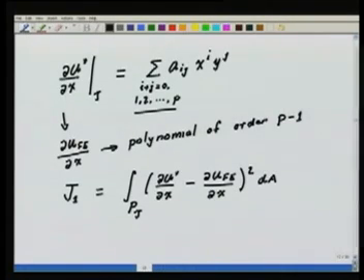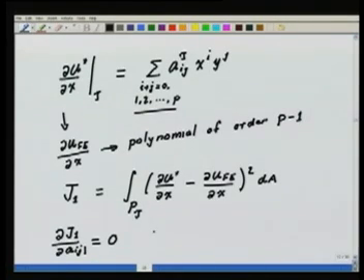Okay. This is what I am going to do, and I will find the coefficients a_ij such that ∂J1/∂a_ij is equal to 0. That is, I find a minimizer of this functional that I have defined over the patch, and these, remember, are the a_ij's corresponding to the element τ.